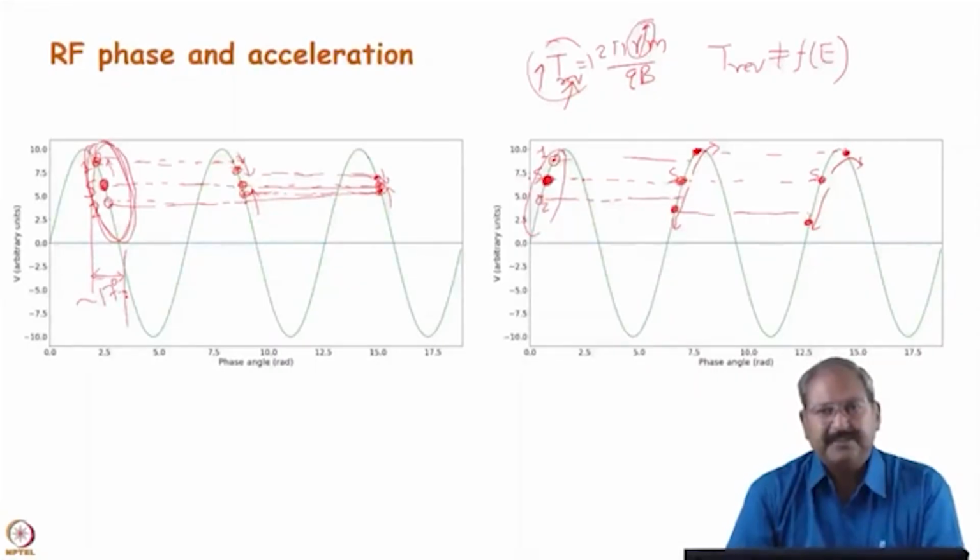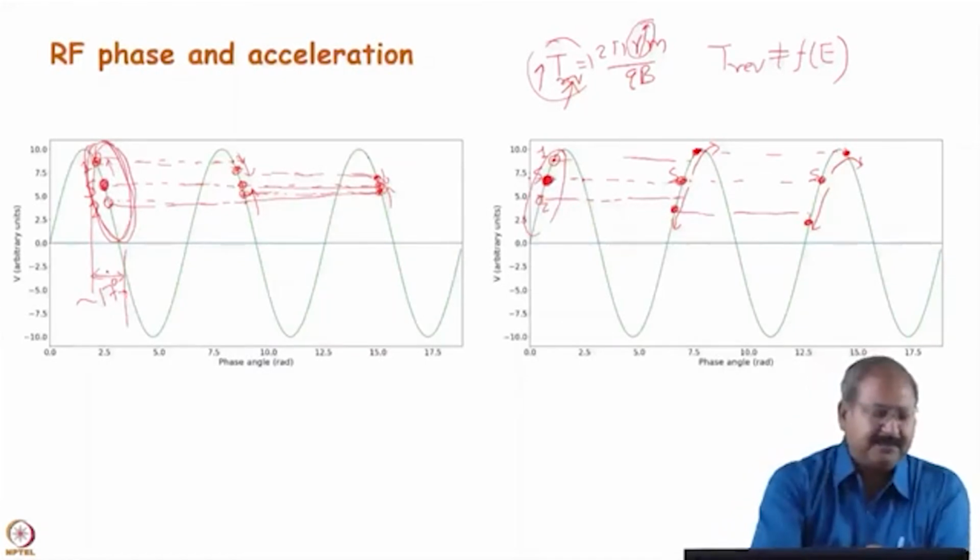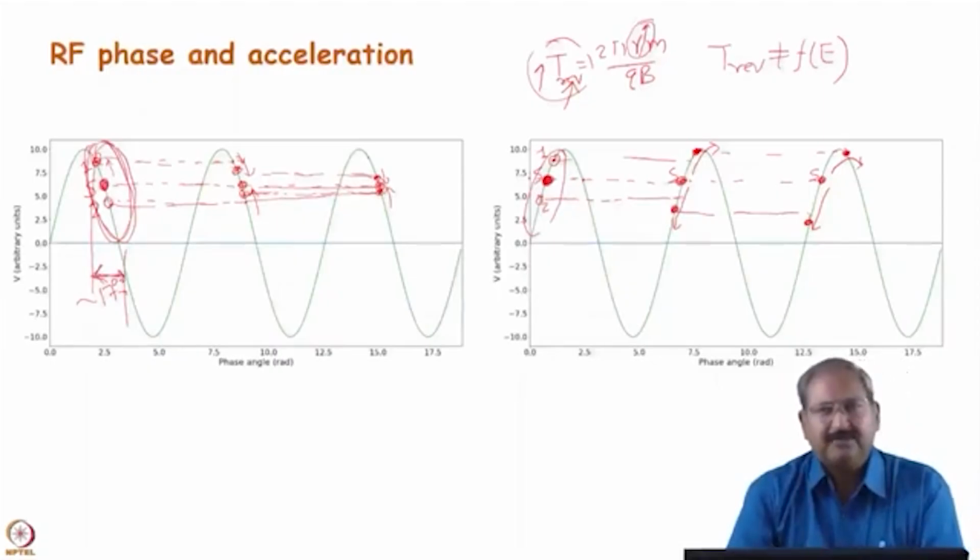So we get a very small duration of the RF cycle where stable motion takes place. Because of such a narrow stable region, from the microtron we get a beam with very narrow energy spread. So beam quality is much better in terms of energy spread from the microtron.